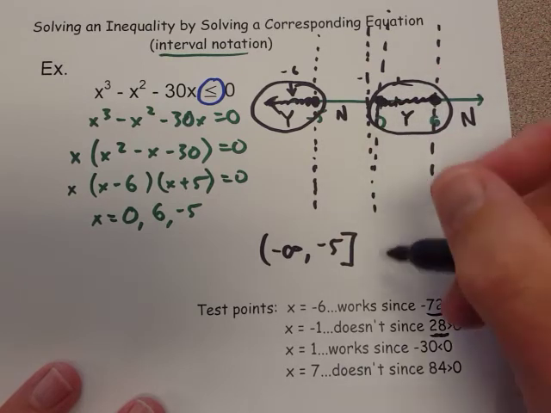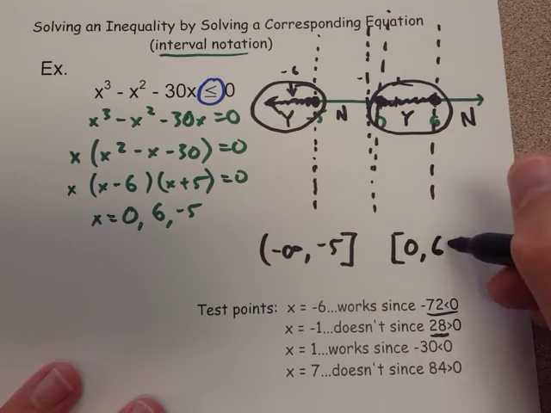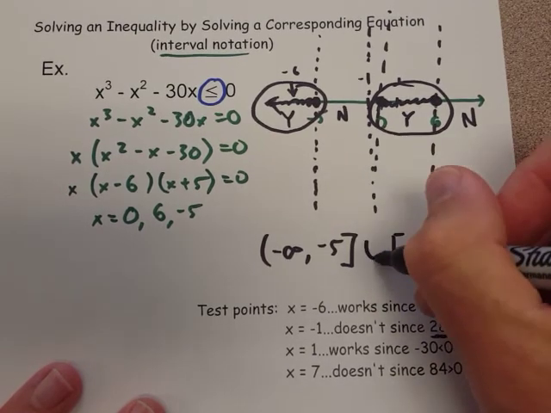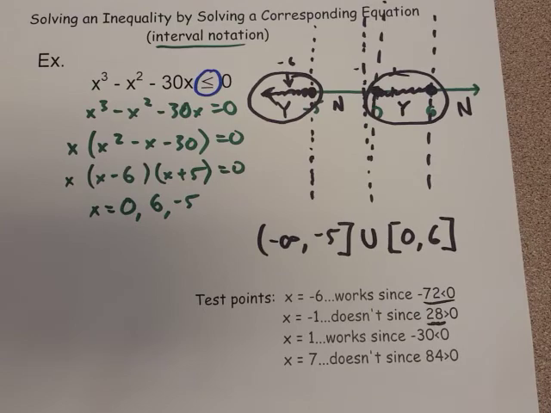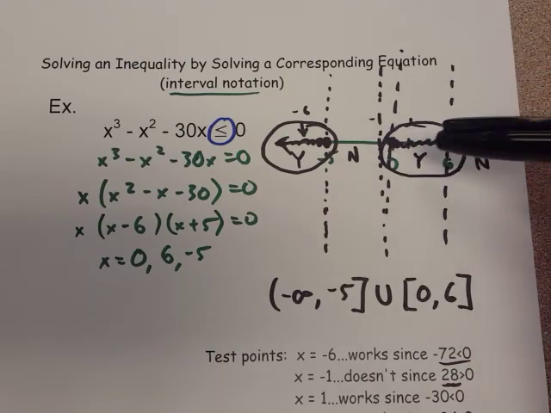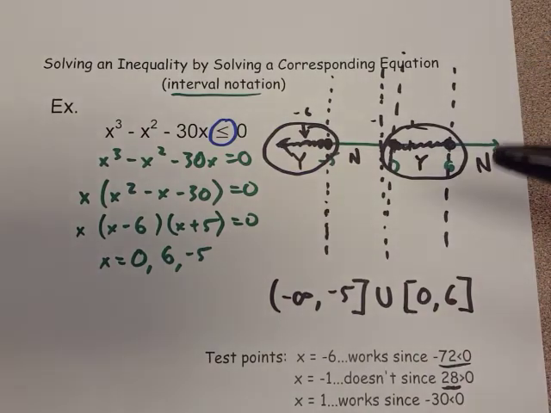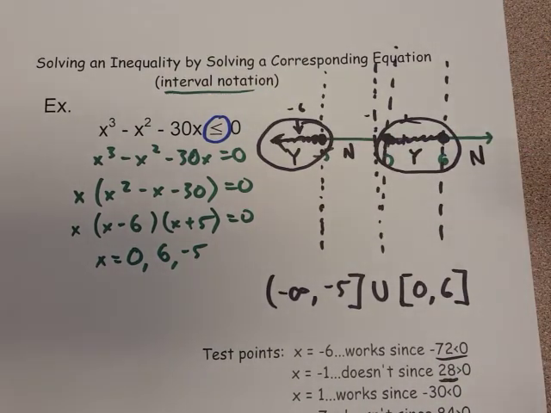That's just a closed interval, and so that goes from 0 to 6. And then I can put a union between those two because that's what it will look like when I combine the two into one big statement. So I know that's a lot of stuff, that number line, but just choosing test points and seeing if they satisfy this inequality will help you determine what your solution is to that inequality.